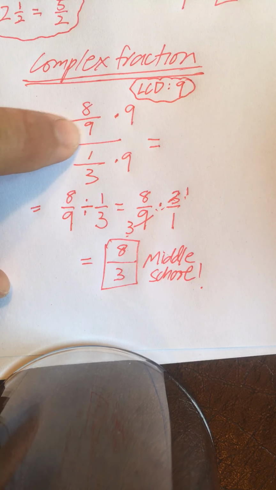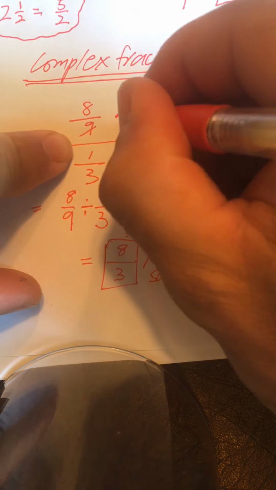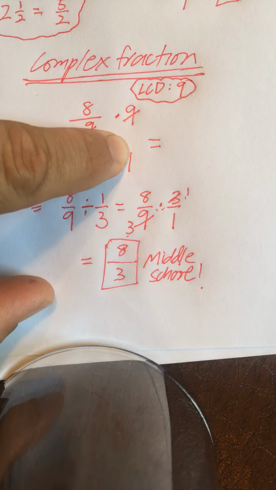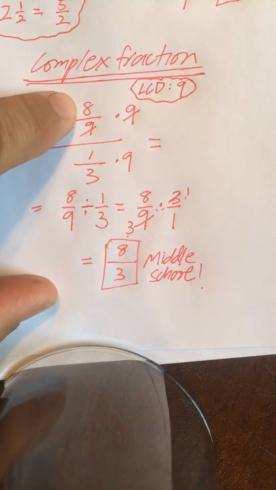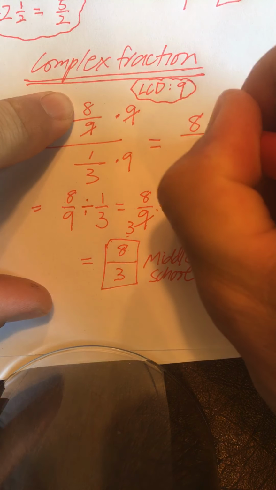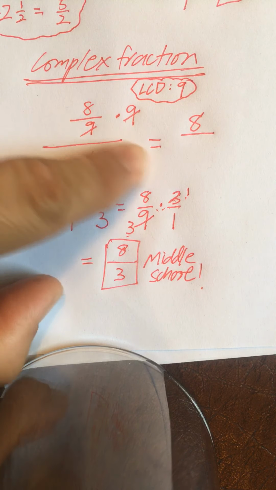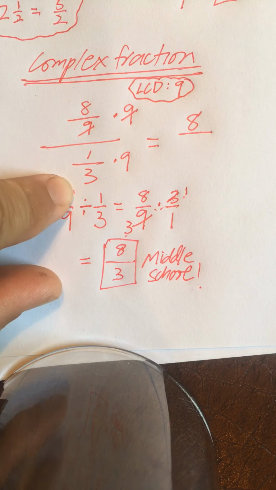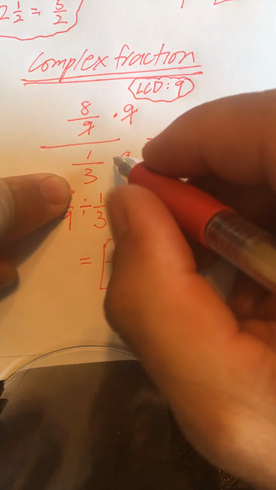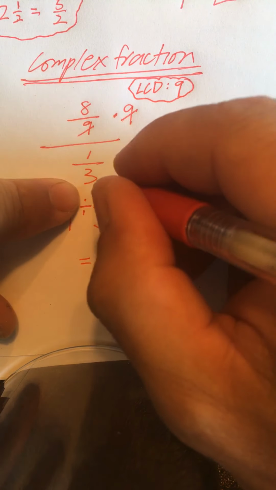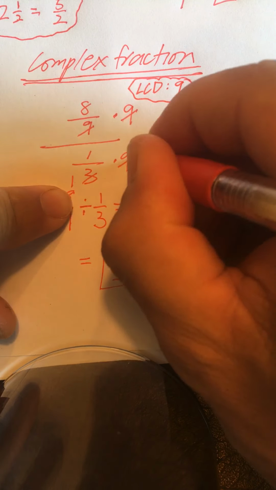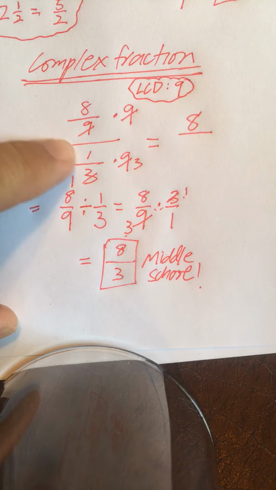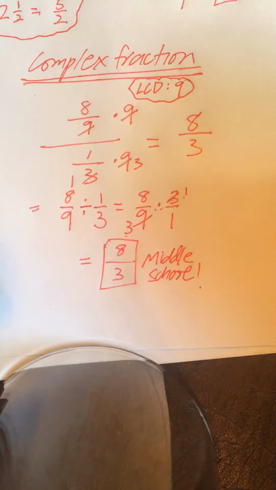Okay, 8/9 times 9, well here the 9s are going to cancel because 9 is really over 1, keep in mind. And we're left with 8 up top. So that's what's up top, 8. Okay, and then we take a look at the bottom, and then we could reduce that. 3 goes into 3 once, 3 goes into 9 3 times, and 1 times 3 is 3.